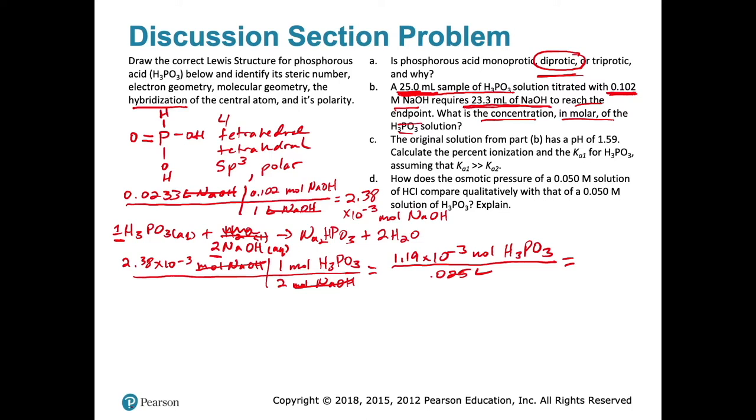All right, so that gives us then the concentration of H3PO3 to be, and someone check my math on this, 0.0476 molar. No, that's close enough.